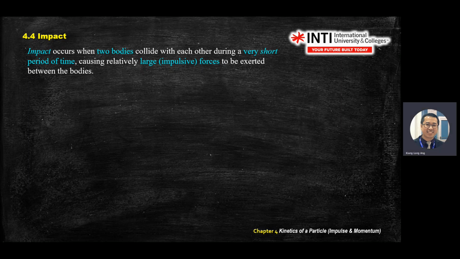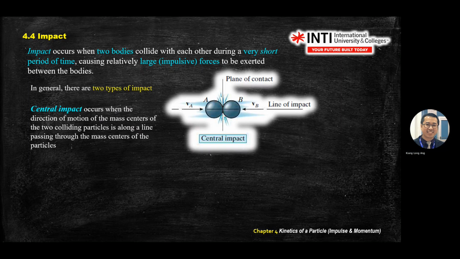Now we are looking at particles. We have two types of impact. One is central impact. Central impact means the two objects, like when you're playing snooker, impact along the same line of impact. They come in the same parallel line. This is called central impact.